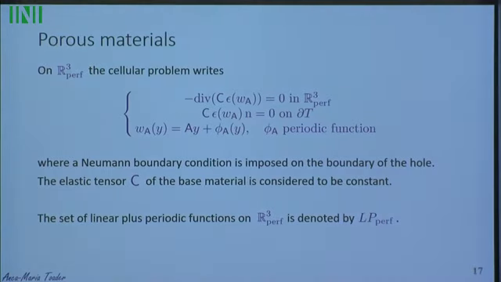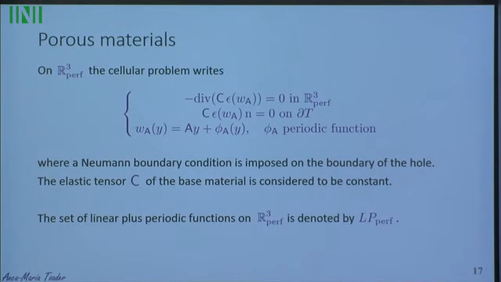So here is how we write down the cellular problem in this context. It's what you can find in the books by Allaire and so on. The problem is the same, but we have here another condition which is linked to the existence of the hole. It's a Neumann boundary condition imposed on the boundary of the hole.